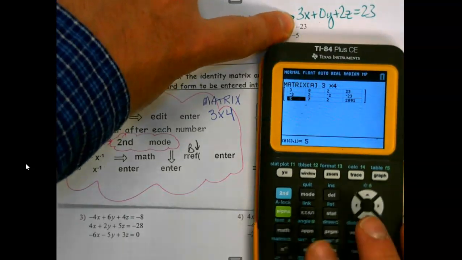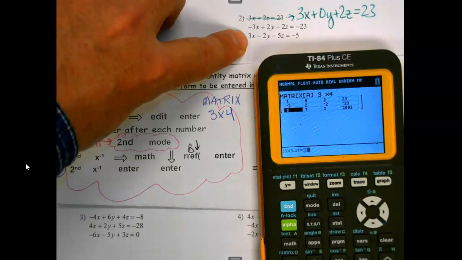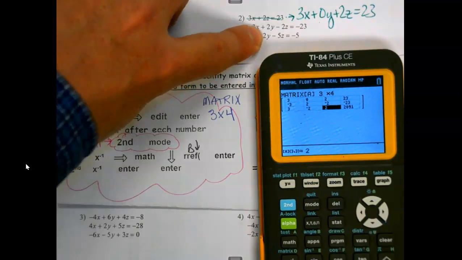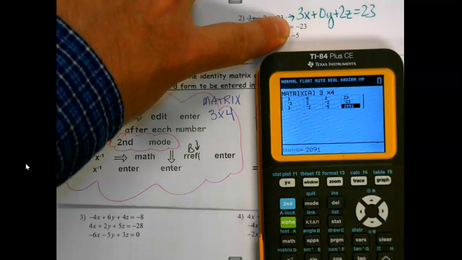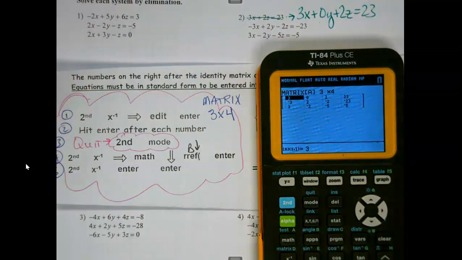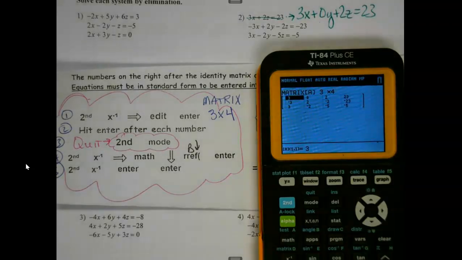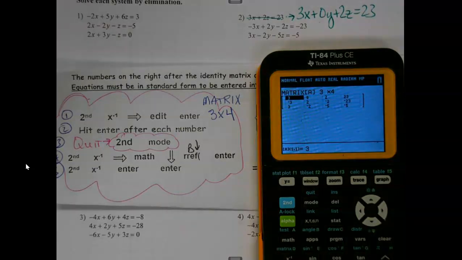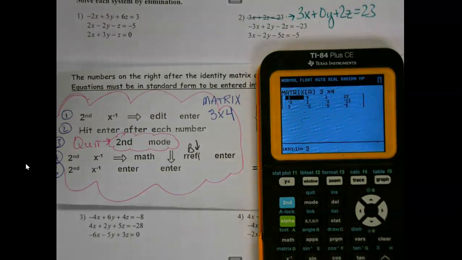We don't care about variables. And if I've done everything correctly, when I punch in that last number, that -5, it should go back to the beginning. So that was actually the longest part of this whole thing.